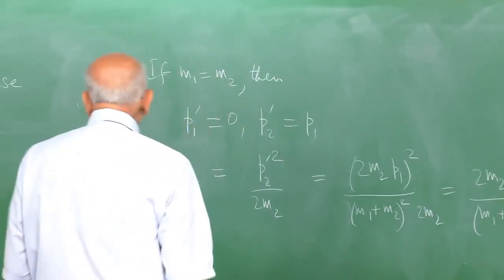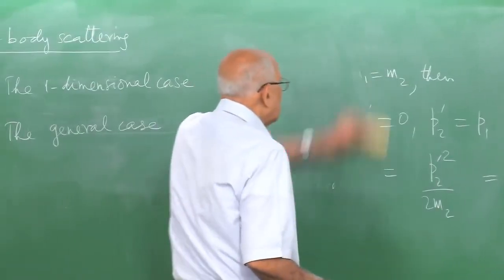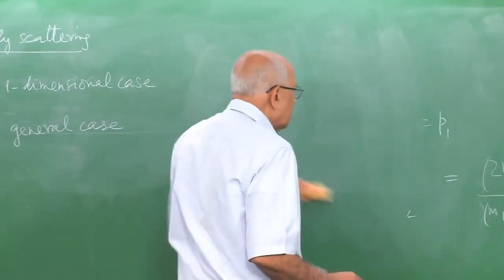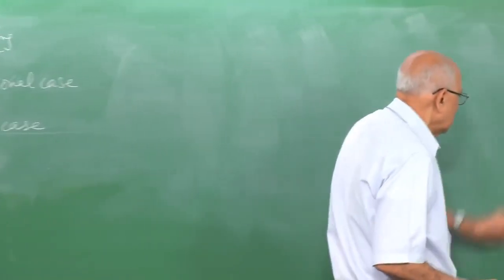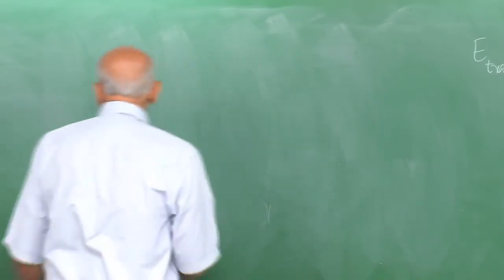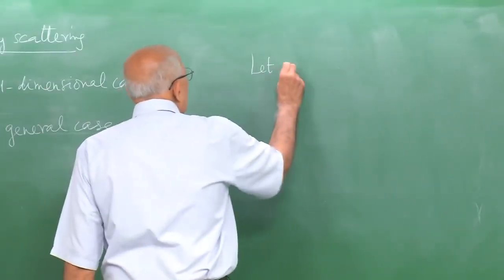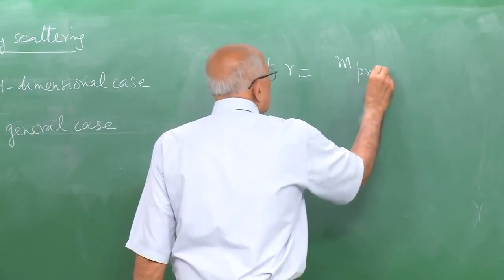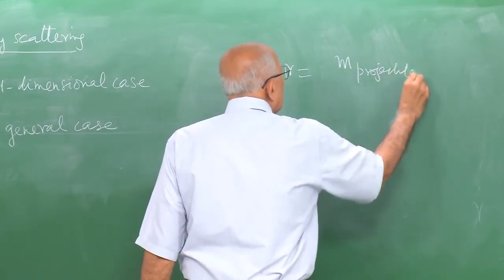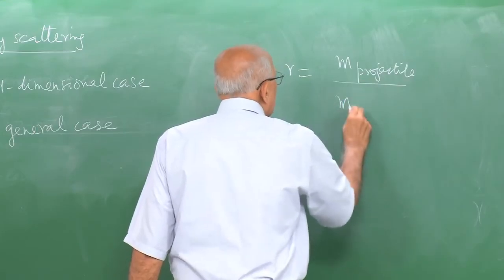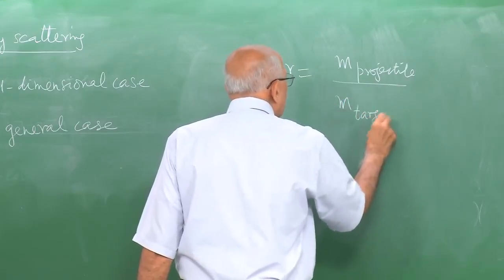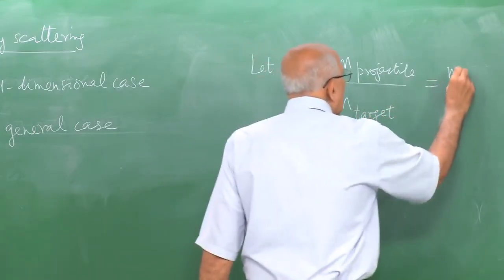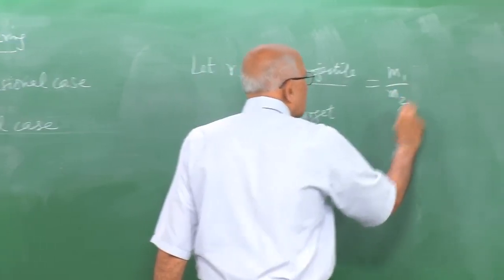It's quadratic in the two masses here. So the relevant parameter here is not the individual masses at all, but rather the ratio of masses. So let's introduce a quantity which is the ratio of these two masses. Let r equal the mass of the projectile to the mass of the target, which is of course m1 divided by m2.